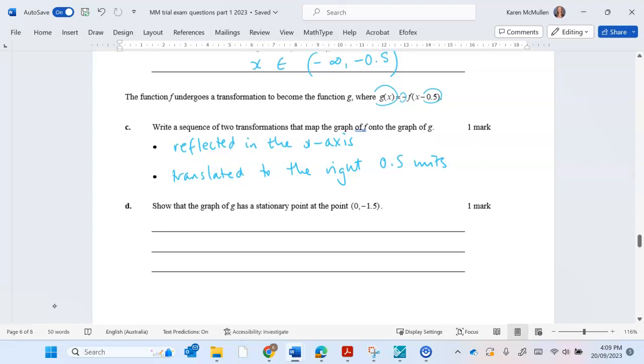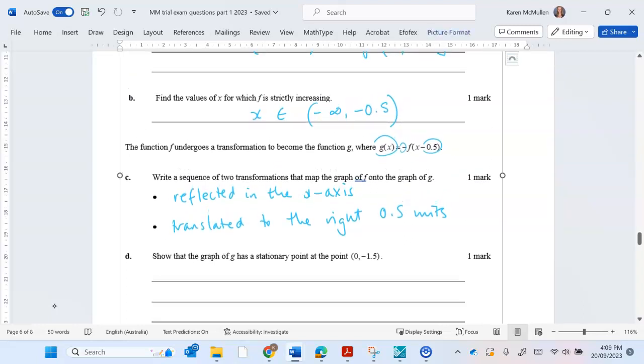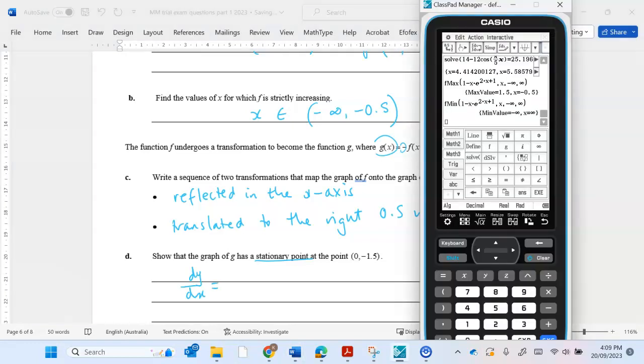Show that the graph of g has a stationary point at (0, negative 1.5). Anytime we see a stationary point, we want to do the derivative, dy/dx, and we can just do that on the calculator. I'm just trying to remember which function to use.